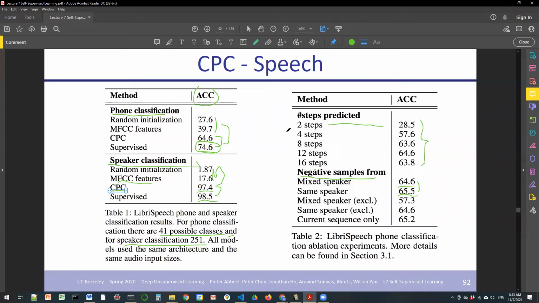And the way to read this, by the way, it took me a little time to understand, is that you should think of these as up to so many steps, not just exactly 2 steps, but up to 2 steps, up to 4 steps, up to 8 steps. So when it says 8 steps, what you're actually doing is predicting 1, 2, 3, 4, 5, 6, 7, 8.